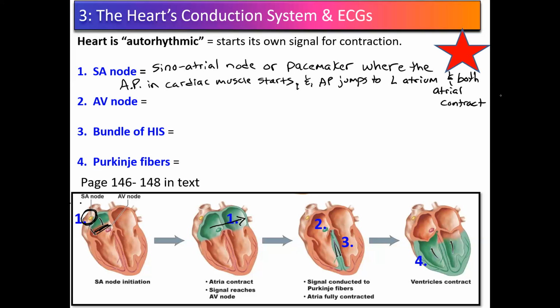A lot's happening in step one. The signal starts in the pacemaker, starts in the right atrium, immediately jumps over to the left atrium, and then they both contract simultaneously because both chambers have to contract simultaneously.